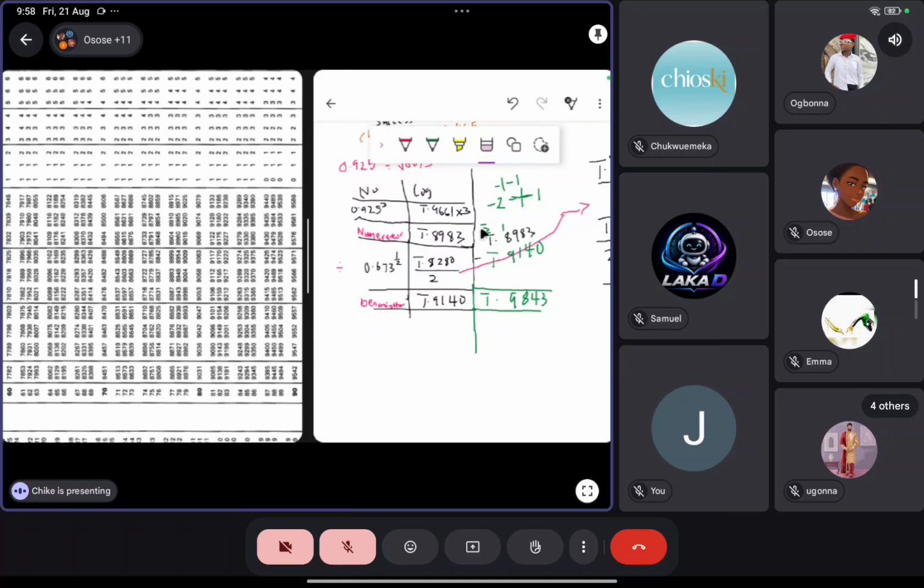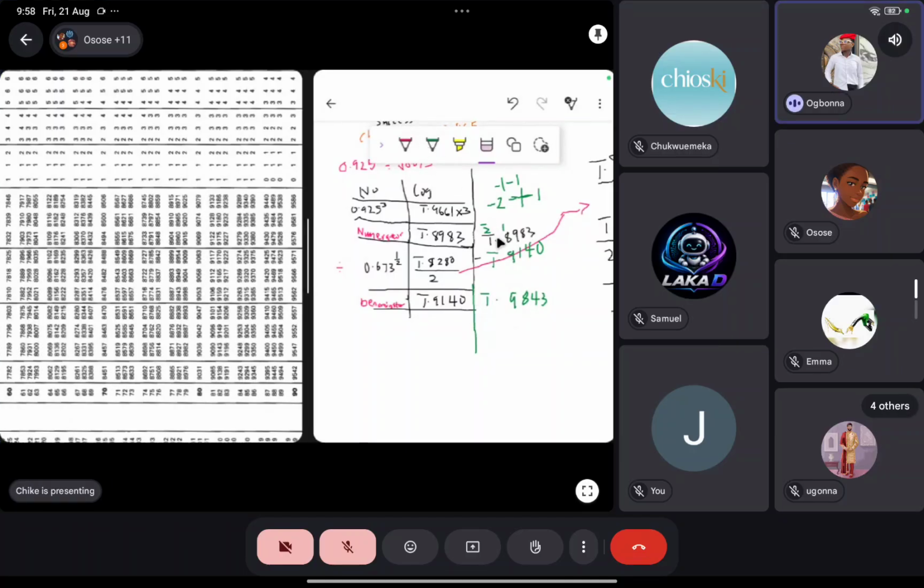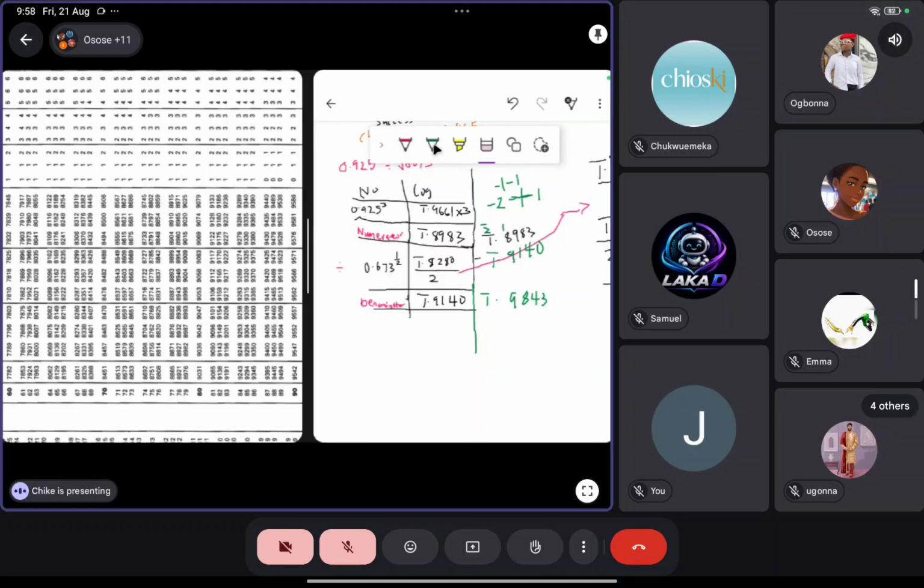All right, so this is the answer for the fraction: bar 1.9843. So let's convert it back to numbers using anti-logarithm.